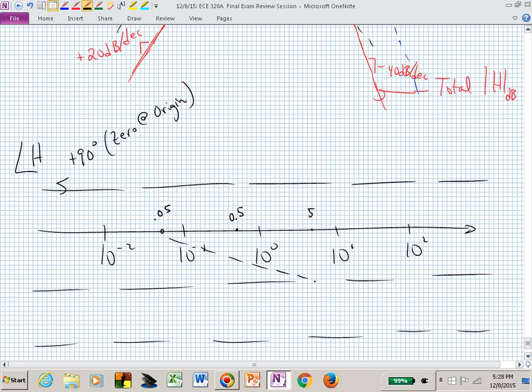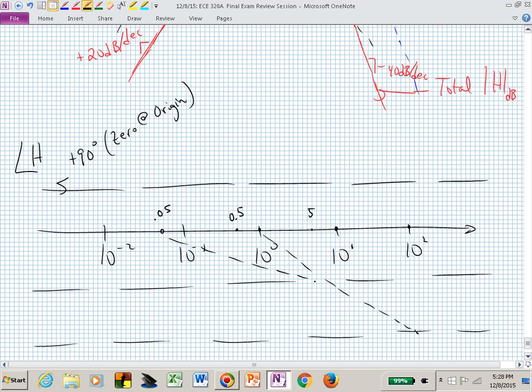We also have a quadratic pole at 10, and that will kick in a decade before and kick off a decade after, so that it now is sloping twice as fast as the slope between 0.05 and 5.